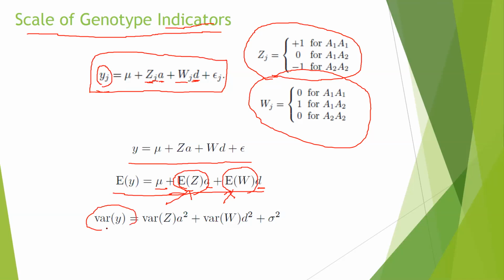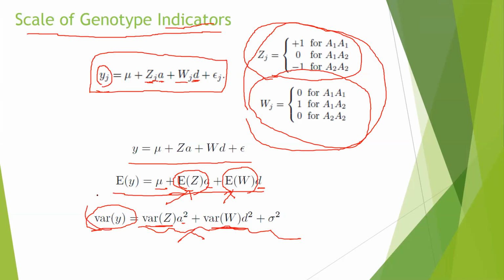And this is the variance of y, because we have two random variables, so we need to calculate the variance of these two random variables. Because z and w are independent from each other. Why is that? Because the covariance between z and w is 0, right? This is due to the way we define these two random variables. We can prove the covariance between these two equals 0. That's why we do not see the covariance here. And this is how we calculate the variance of the whole thing. Any questions here?